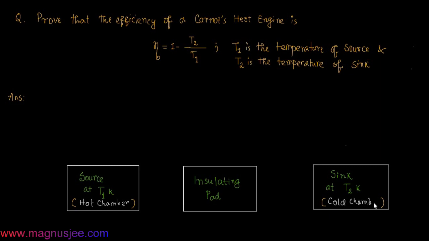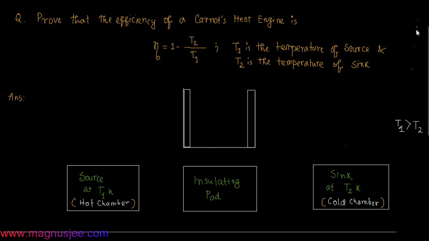So a Carnot's heat engine consists of three components: the source at T1 Kelvin, the insulating pad, and the sink at T2 Kelvin. Here T1 is greater than T2, that means the temperature of the source is greater than the temperature of the sink.